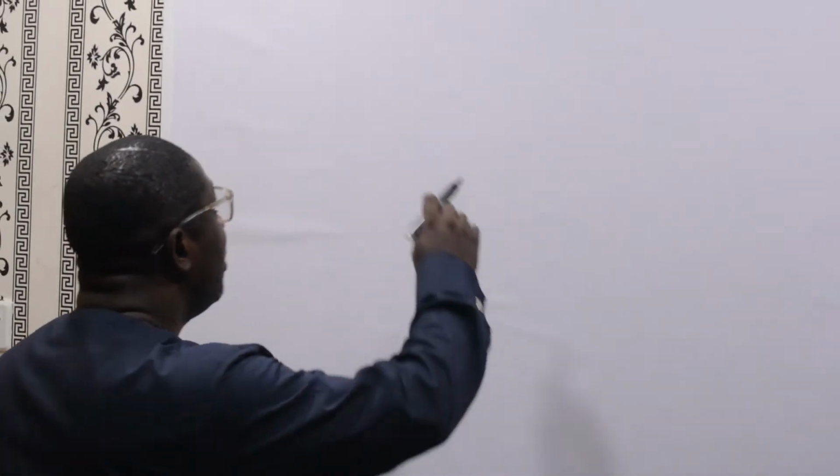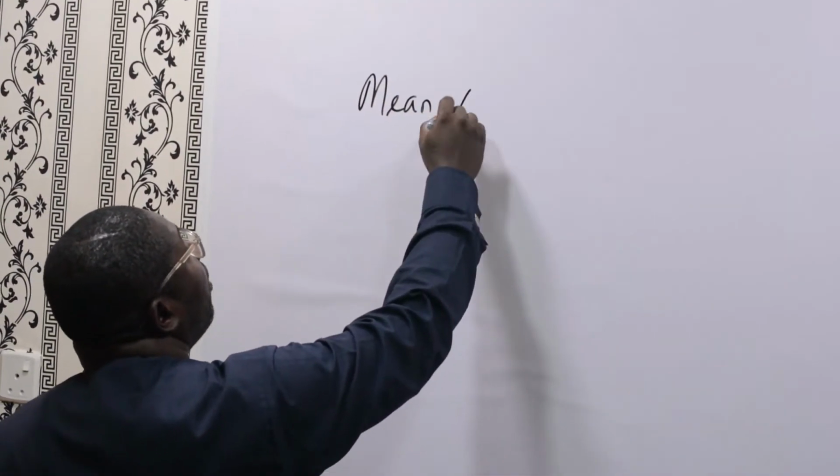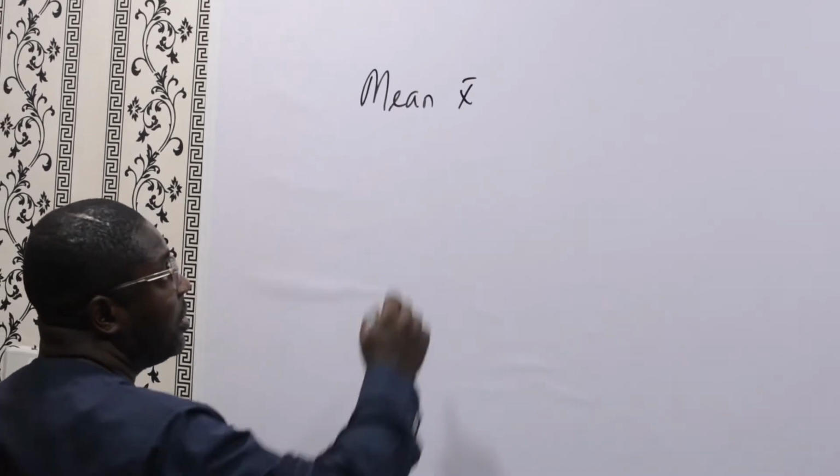What do we mean by mean? Mean refers to the sum of the collection of observations divided by the number of observations. So in a simple illustration, this is the sign for mean.